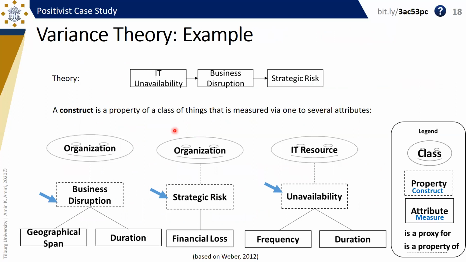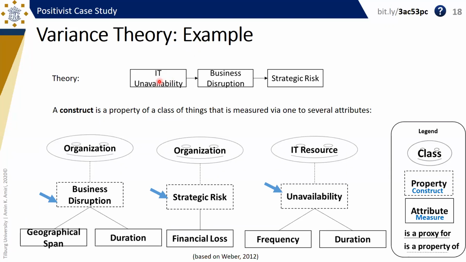Let me show you an example of this variance theory. We would say that if IT unavailability occurs, business disruption occurs, and a strategic risk occurs. Can I assign a high or low value to IT unavailability? Yeah. Perhaps all users in the organization cannot use the system, or all users of the organization can use the system, or partly they can use, partly they cannot use.